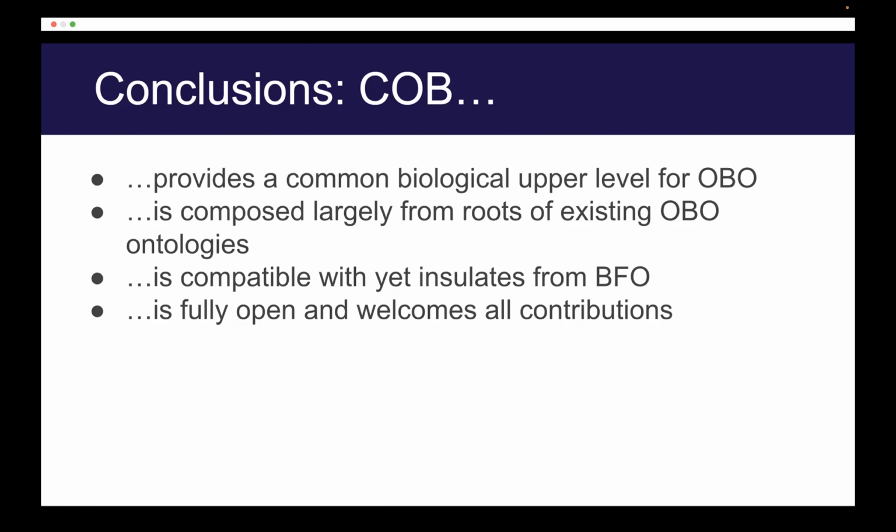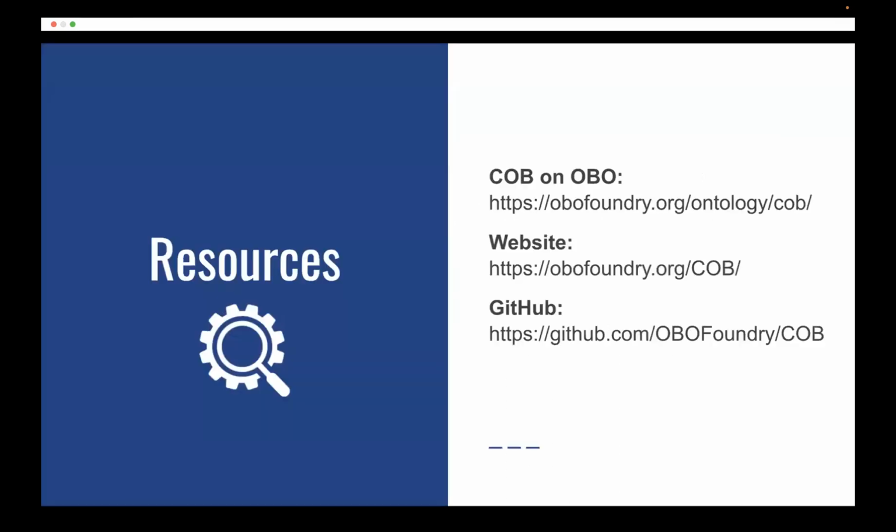It's got a CC0 license. Anyone can download it and use it, and it's got a completely open process whereby we do all our development in the open. We welcome any and all contributions from everyone. So with that, I'll leave you with a couple of links, and I think we have lots of time left for discussion. I believe we're going into the discussion phase now. So thank you.